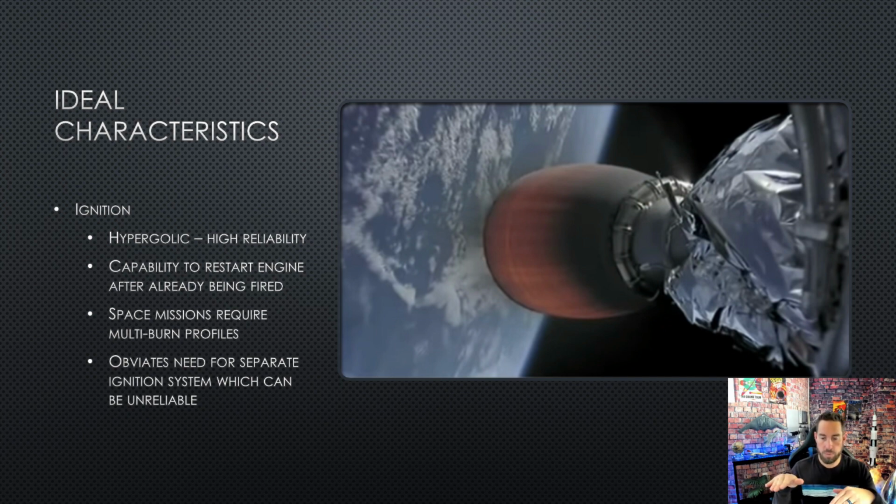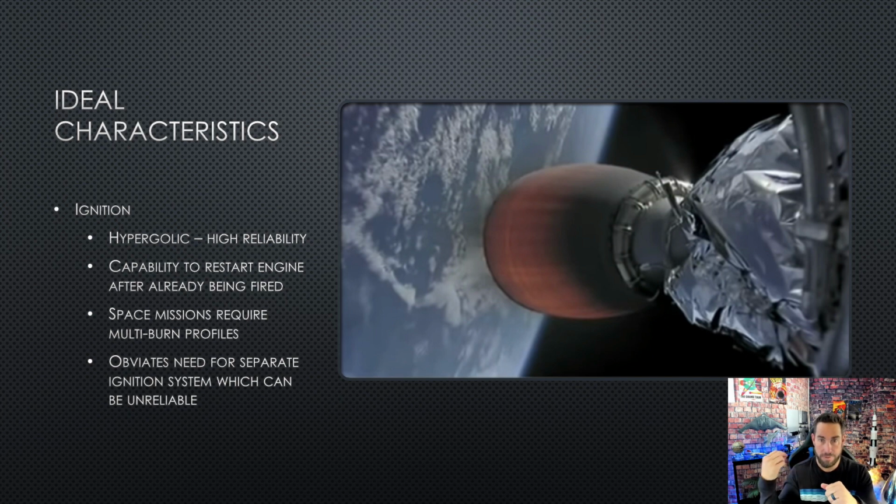So what you want, when it comes time for that second burn, is something very reliable, that you know is going to work. If you use non-hypergolic fluids, it's going to require a separate igniter. And those aren't always super reliable.